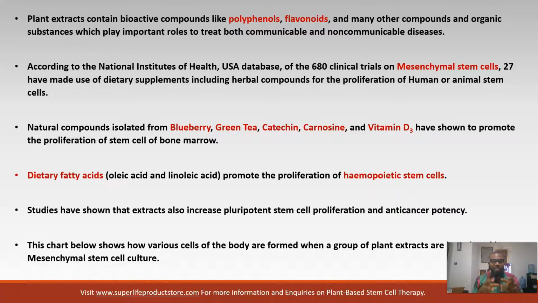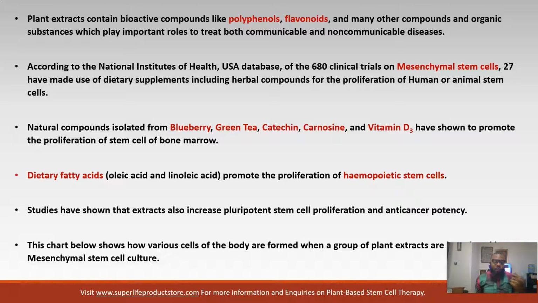Now, remember, these are the stem cells in the blood and the blood cells. Studies have also shown that extracts also increase the pluripotent stem cell proliferation and anti-cancer potency. So when I say pluripotent, I mean very potent stem cells, just when they are in their baby form, when they've not started dividing into other cells of the body, right?